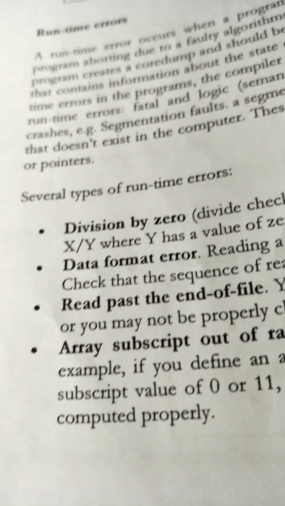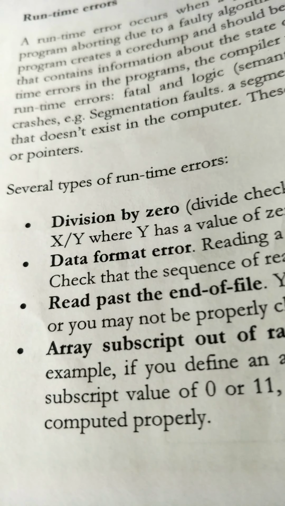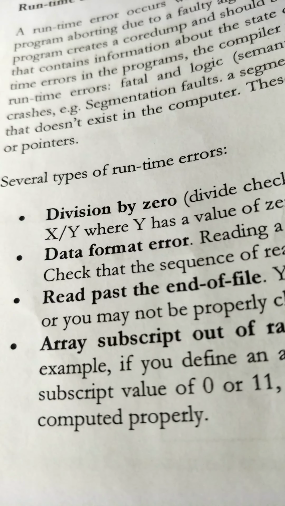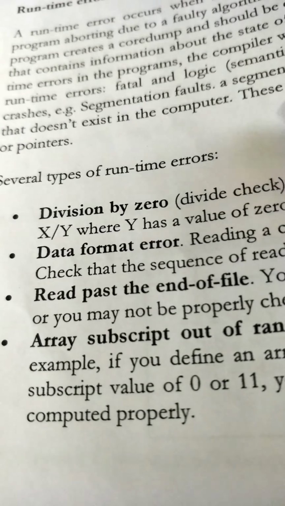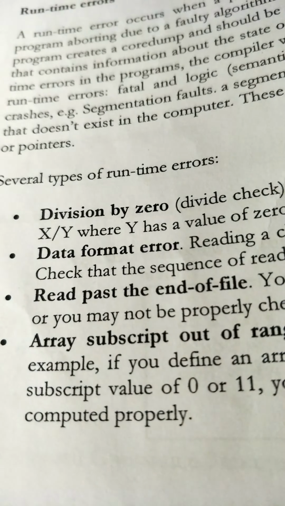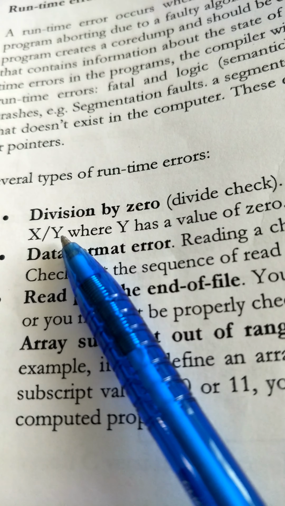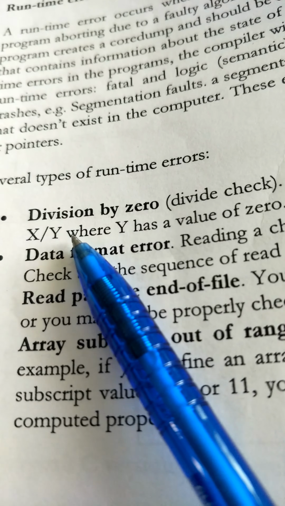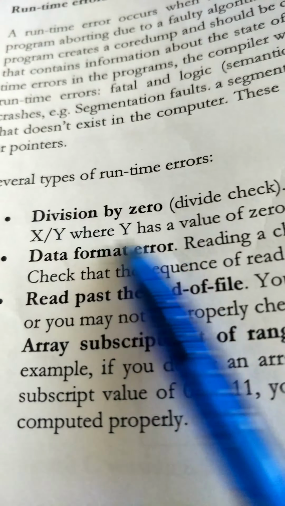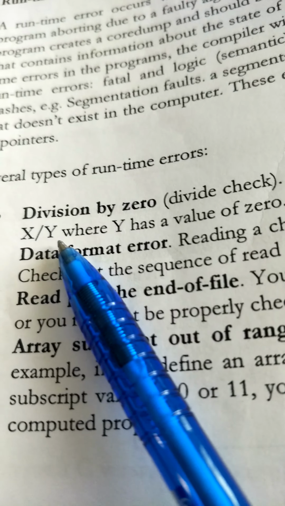So these are a couple of types of runtime errors. Sometimes divide by zero. Normally in this case, x over y, we don't assign y 0 at the beginning of the program, but due to certain expressions, the data that we put in and do some calculation gives you y equal to 0.